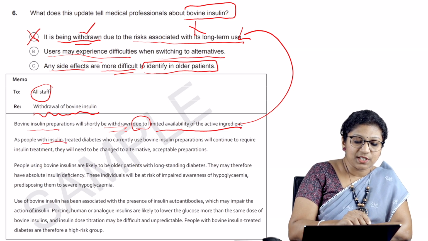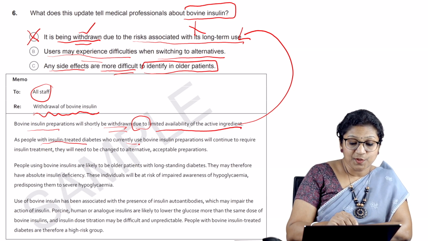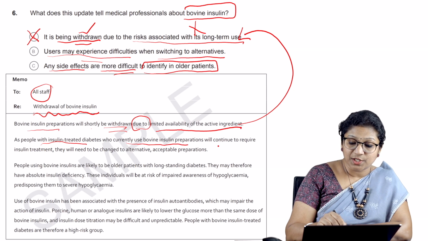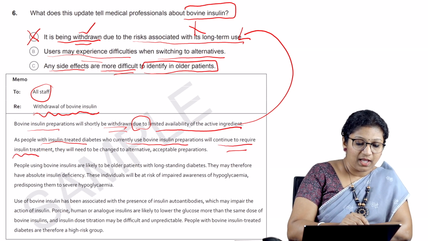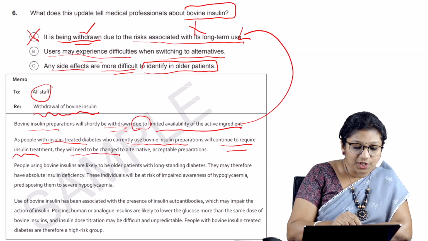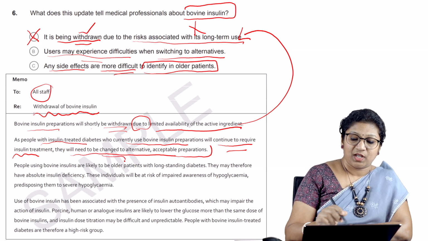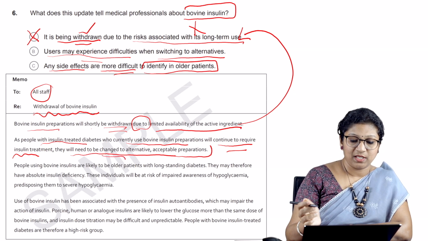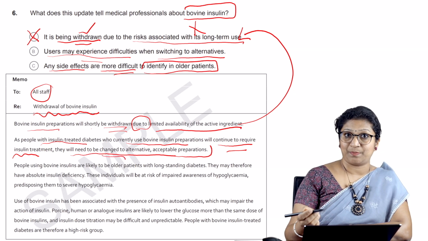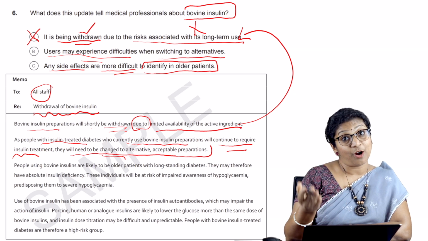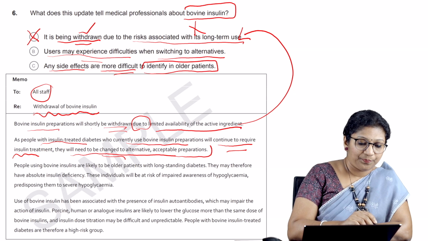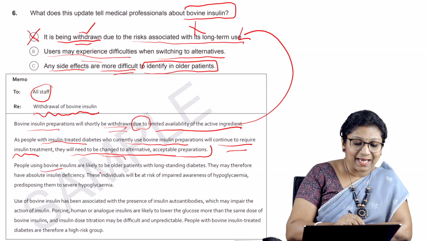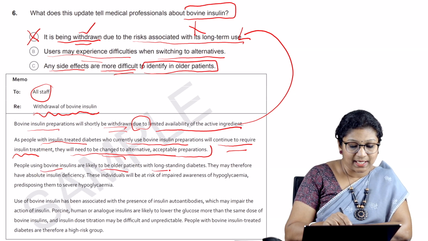People with insulin-treated diabetes who currently use bovine insulin preparations will continue to require insulin treatment. They will need to be changed to alternative acceptable preparations. So they need insulin treatment, but they will have to be changed to alternatives, other options than bovine insulin. People using bovine insulin are likely to be older patients with long-standing diabetes.